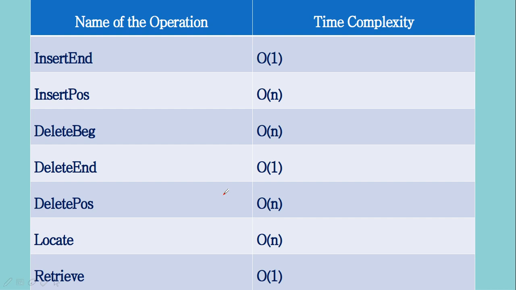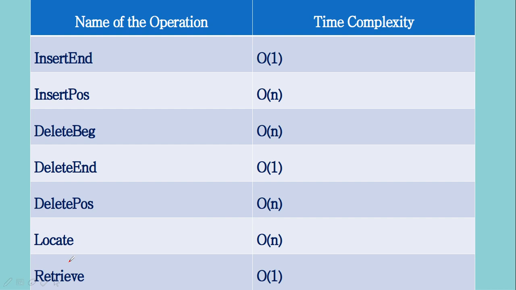Next is insert at a position. It may be the first position or in between, but anyway we have to right shift all the elements by one position. So obviously it depends on the number of elements, and the complexity will be big O of n. Similarly, delete beginning is big O of n, delete end is big O of 1, and delete at a given position is also big O of n, since these operations involve shifting of the elements.